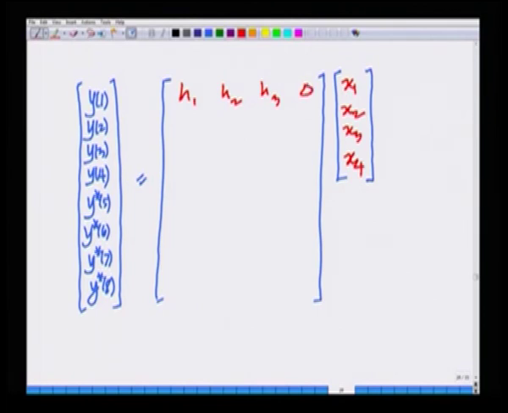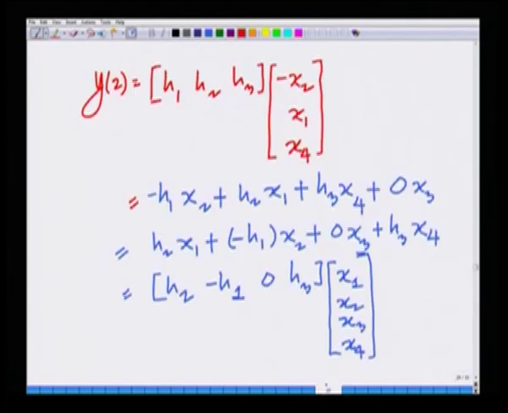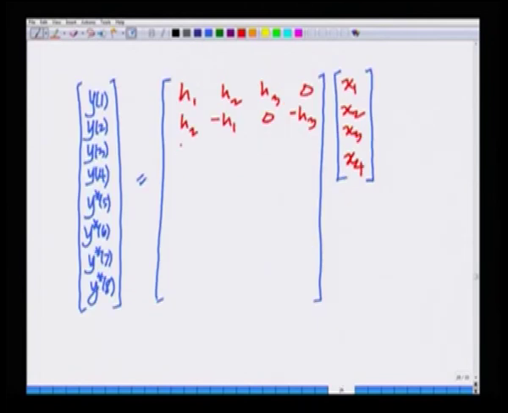The first row is h1, h2, h3, 0, that is what we had derived earlier. The second row is h2, minus h1, 0, minus h3.